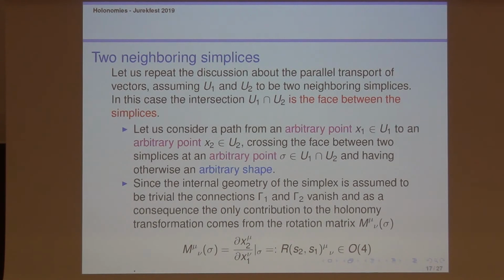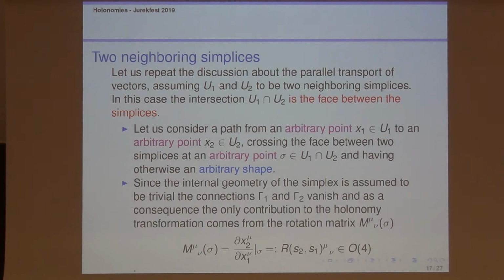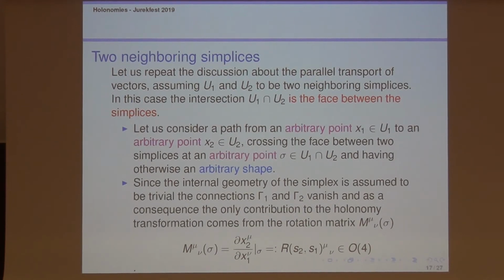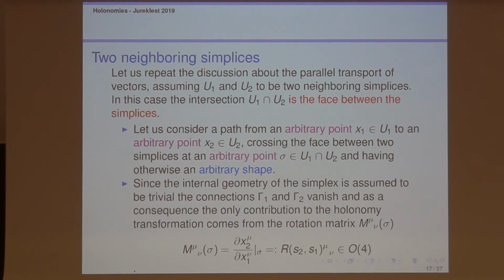It's the face on which they are glued together. And since they are internally flat, a parallel transport in each of these simplices is completely trivial, because the Levi-Civita connection vanishes there. So the only place where something non-trivial happens geometrically is exactly at the face, where we have to connect the coordinate system in one simplex to the coordinate system in the other simplex.